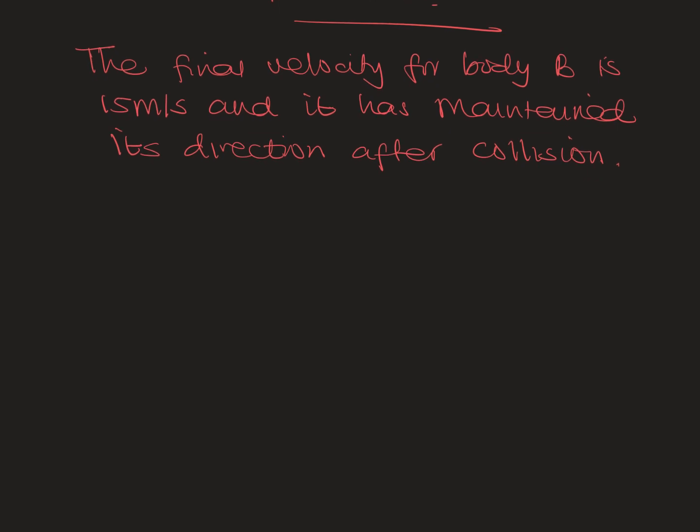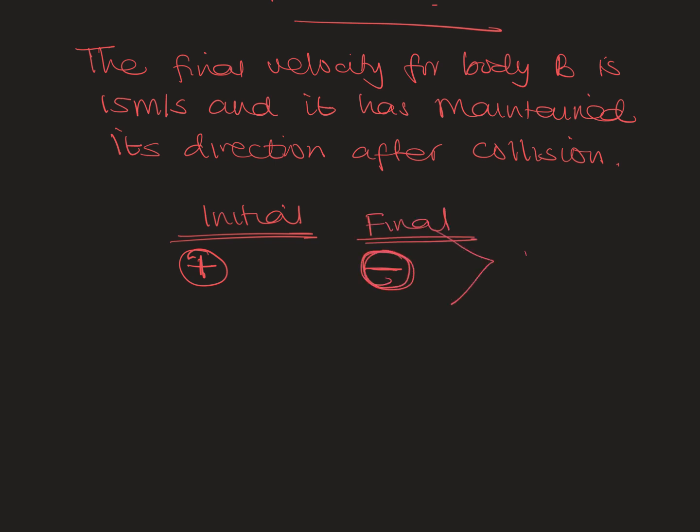Now, this is the trick I want to give you. If the initial velocity was in the positive direction, and you have a negative velocity in the final, it means it has reversed.